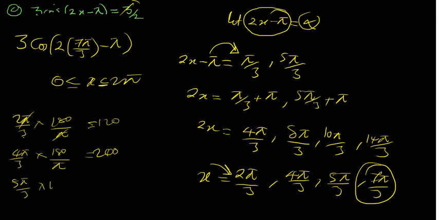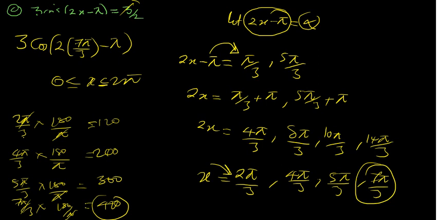We are multiplying by 180 over pi, and that is going to give us 3 into 18, that is still 6, so that is 60, and then multiplied by 5, that is giving us 300 degrees. And then the last one, which is 7 pi over 3, we multiply by 180 over pi. The pi and that pi are going to cancel, so that will be 7 multiplied by 60, which is 420.